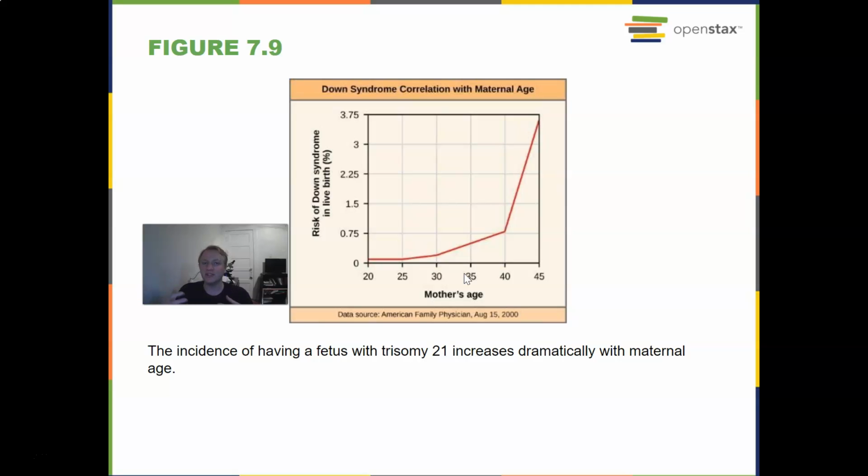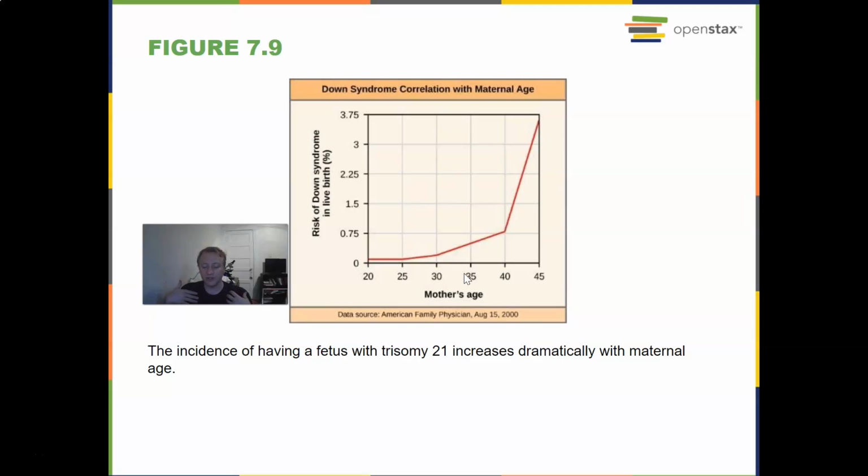Those eggs are sort of like halfway done while they are still inside of the womb. And then every month after the woman hits puberty, she is going to have one of those eggs undergo meiosis 2 and sort of finish developing.